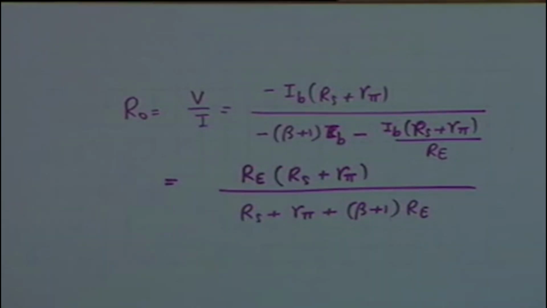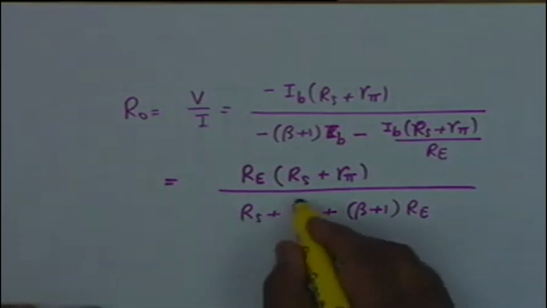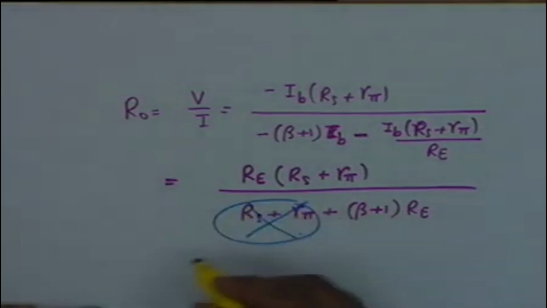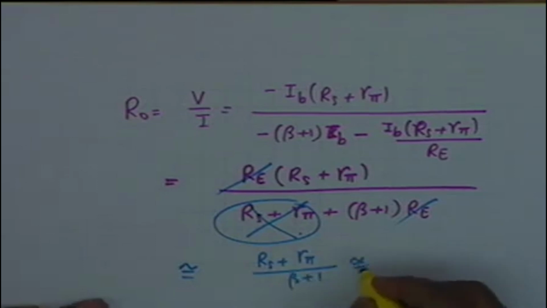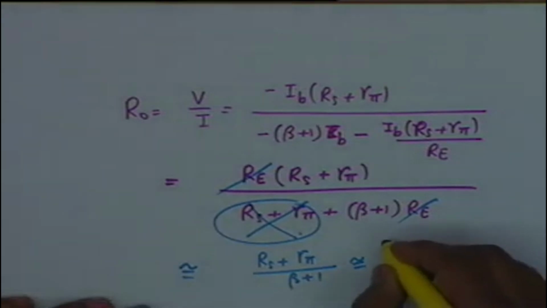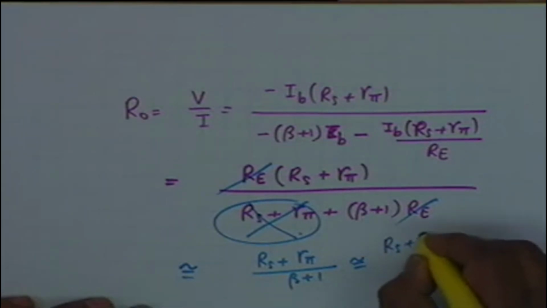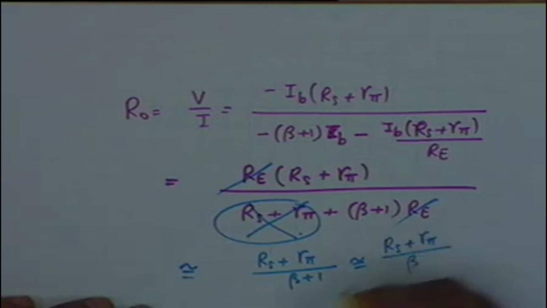Now, in this, the practical considerations say that Rs plus R pi can be ignored in the denominator. So, if I ignore this, then you see Re and Re cancel, and therefore, R0 becomes (Rs plus R pi) divided by (beta plus 1). And what is 1 compared to beta? You can also ignore that, and therefore, you get (Rs plus R pi) divided by beta.